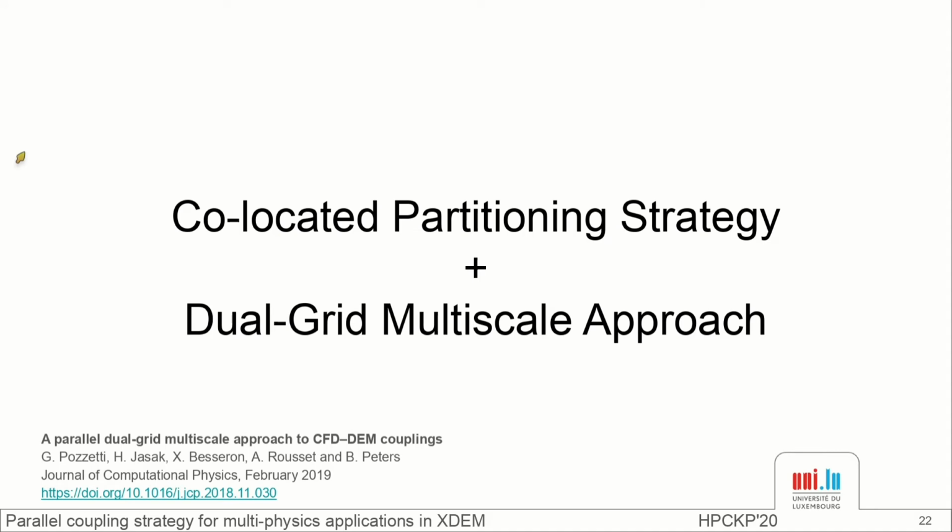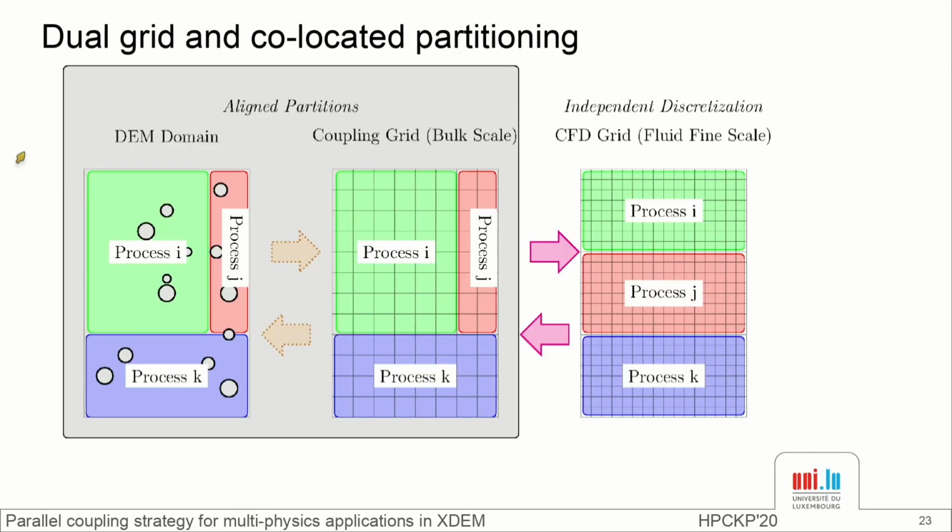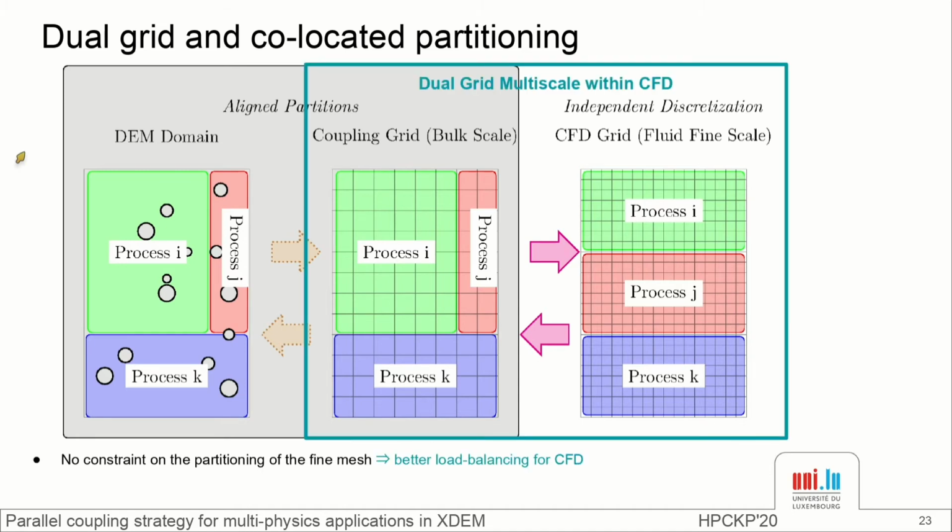So now our aim within XDEM is to combine those two approaches together. What we can do is use the dual grid and the collocated approach together. And this means that we will have two grids in the system. So we add in the middle this coarse mesh that will be an intermediate layer between the CFD and the DEM.